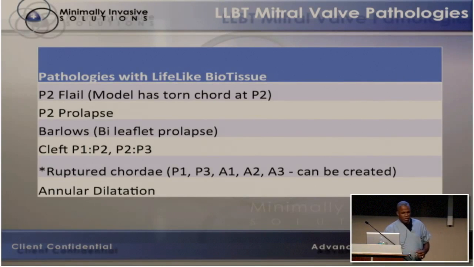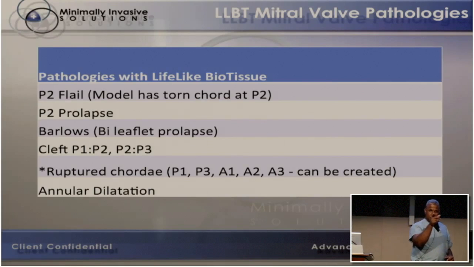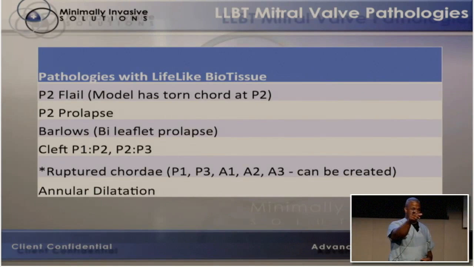And then annular dilatation. So if you look at the back of the room, what you're going to see is a valve. That door is a valve. And both sides of the door, so both of those doors, are considered to be leaflets. So you can open one side and keep one side closed. Imagine the door frame, if it were to stretch out another 6 inches on either side, there would be a gap in the center of the door, right?